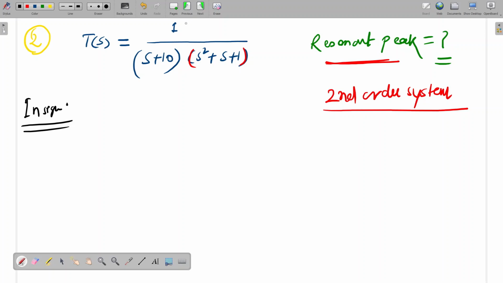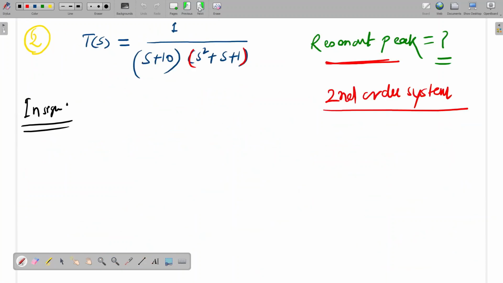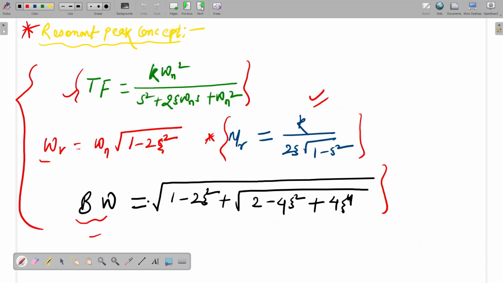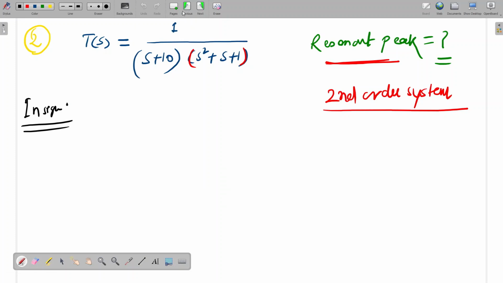Then we can apply this formula. Remember, mostly we make mistakes here. If K omega n square divided by this kind of function will be there, then MR will be K divided by 2 zeta root of 1 minus zeta square. So now you should solve it carefully.